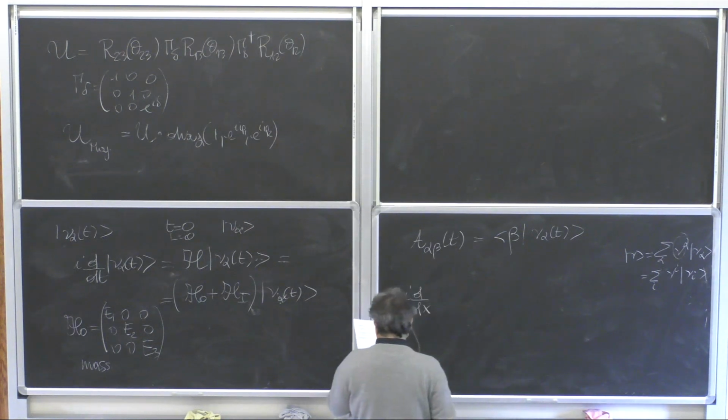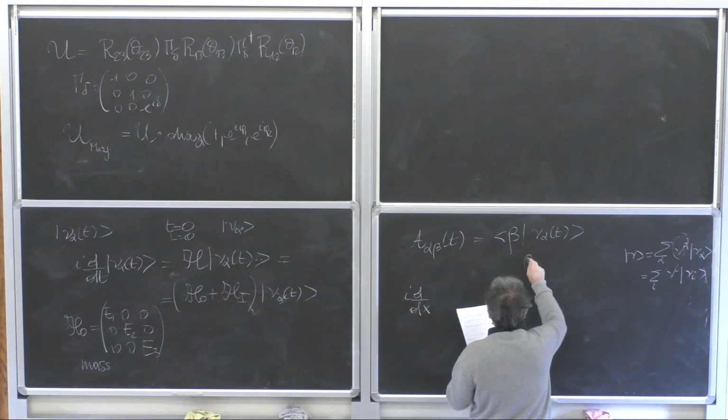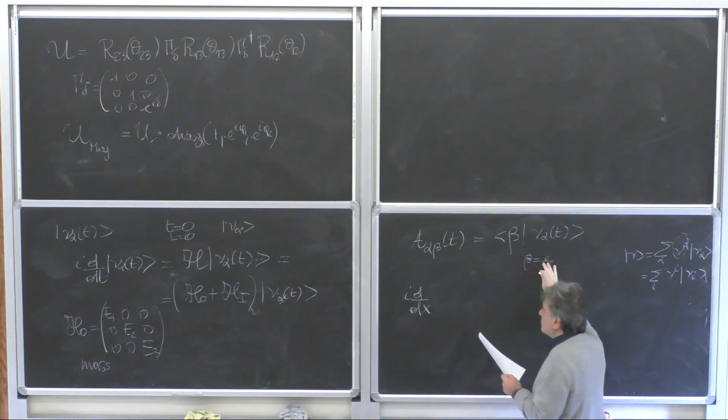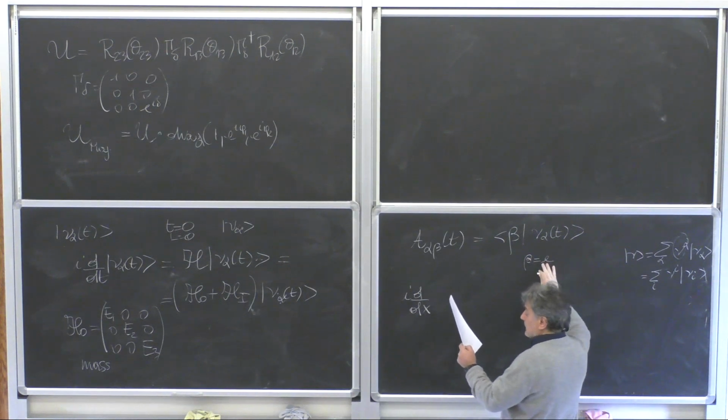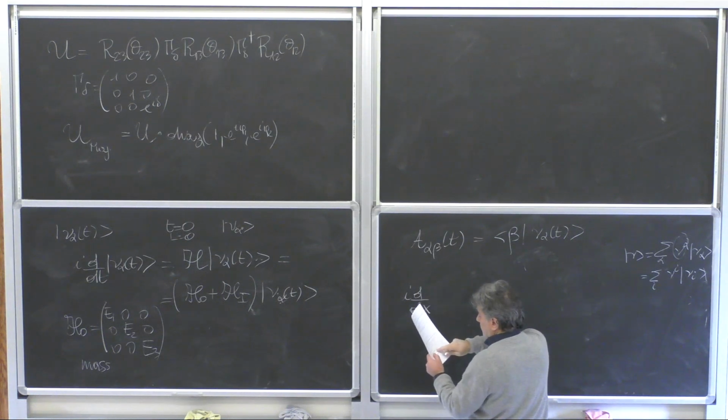To simplify the notation, for instance, consider β equal to e, so this is the initial state.